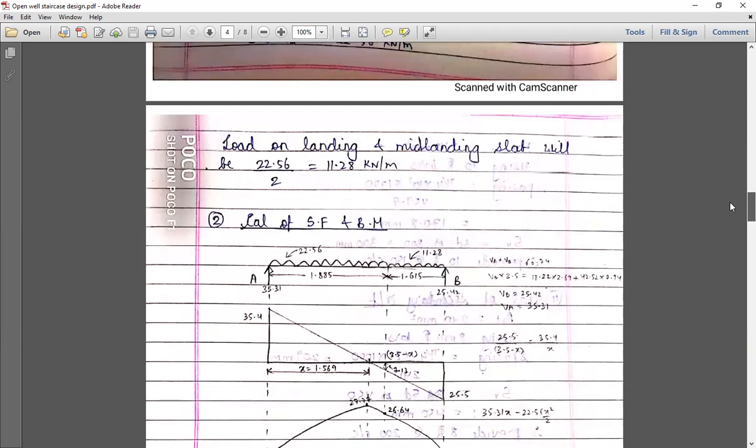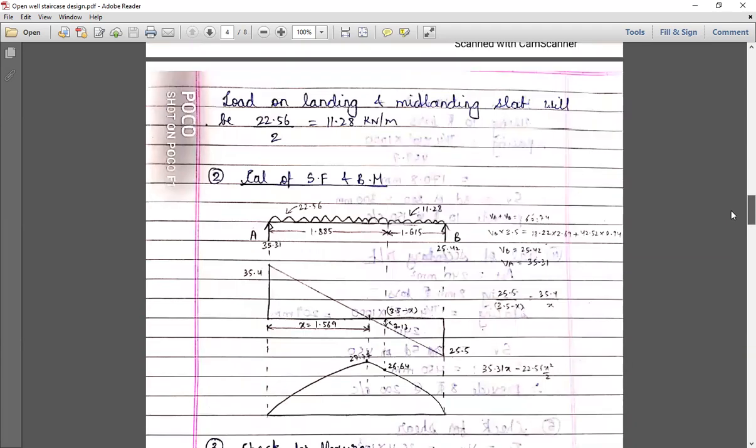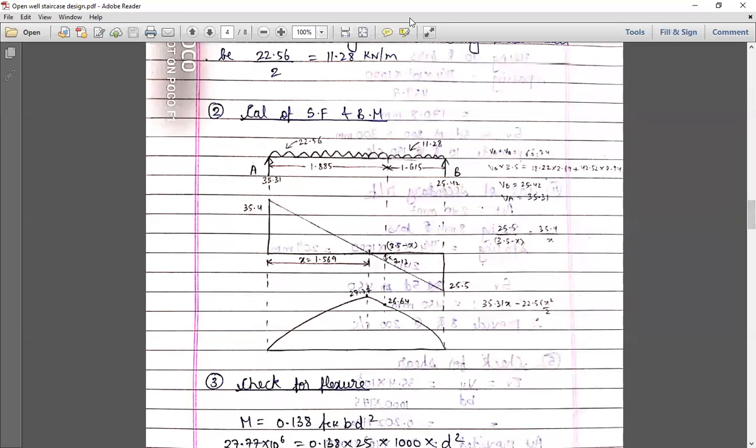So 1 and 3 फ्लाइट के लिए बेंडिंग मोमेंट एंड shear force. Yes, give me the values of bending moment and shear force.